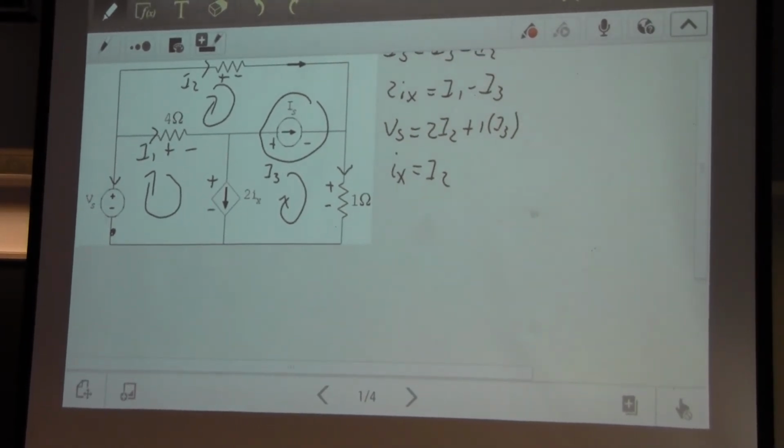I'm going to skip the algebra, but what we're going to have is that Is, which we already had, is minus I2 plus I3, in the same order here. Then I'm going to have 0 from the second equation, once I substitute the Ix: I1 minus 2I2, then minus I3. And the last equation I'm going to get is Vs equal to 2I2 plus I2.